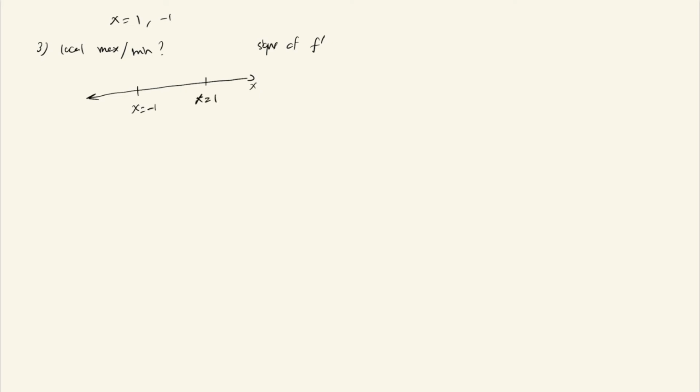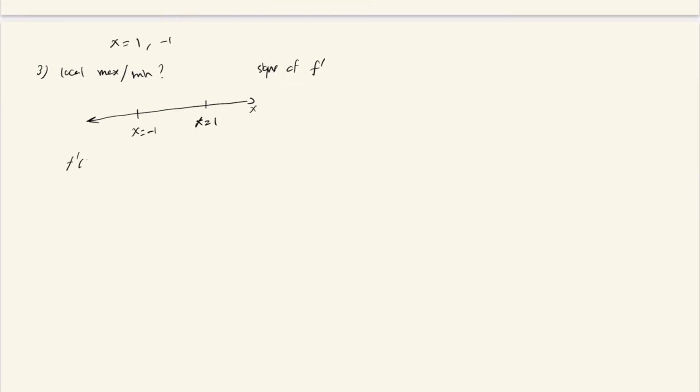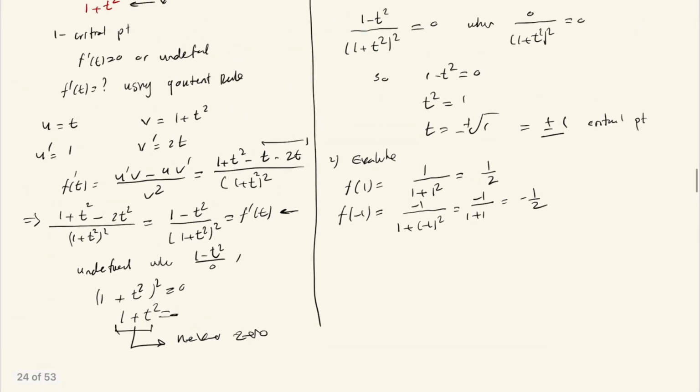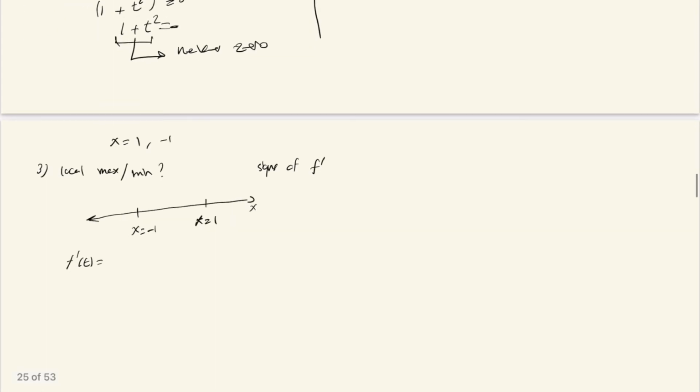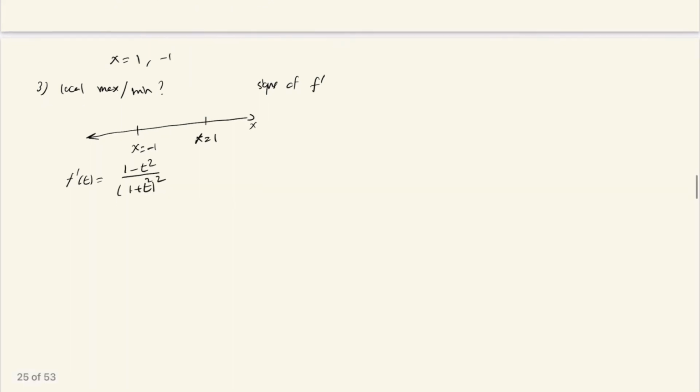So I want to take values that are larger and lower than this critical point and in between them, and then plug them into the first derivative, and I want to know the signs. So notice this, the first derivative is 1 minus t squared over 1 plus t squared, all squared.